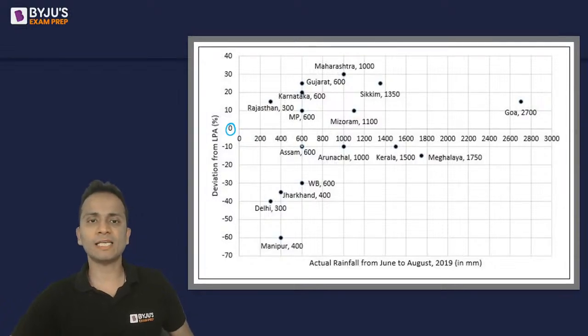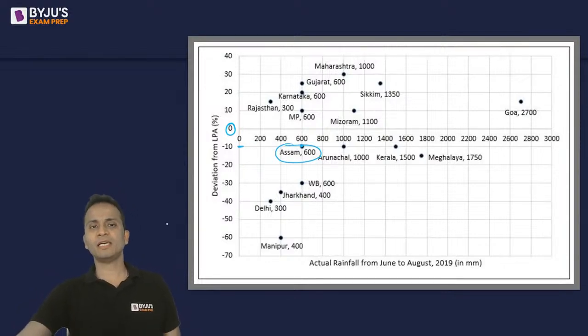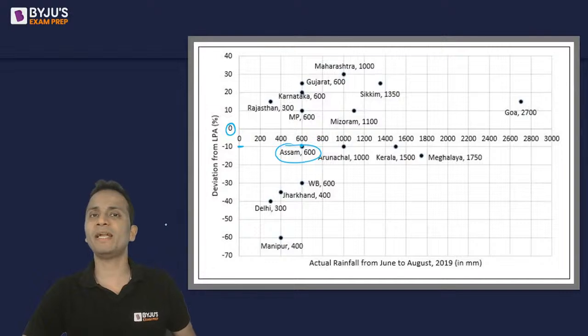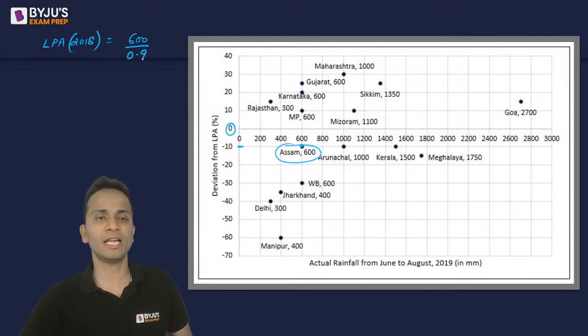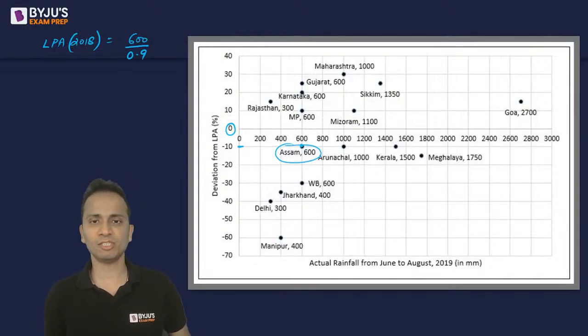So if I consider Assam, whose rainfall in 2019 is 600, it is sitting at a deviation of minus 10. That means as compared to the LPA of 2018, the rainfall has reduced by 10%. So if I want to calculate the LPA of 2018 for Assam, it will be equal to 600 upon 0.9, as the value has reduced by 10%. ठीक है, समझ में आ रहा है?